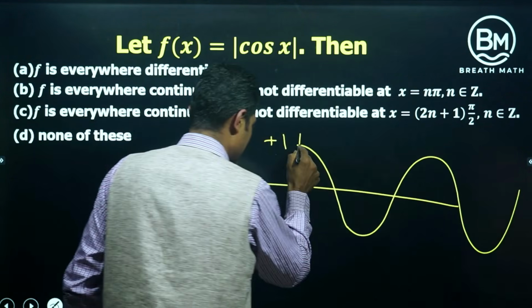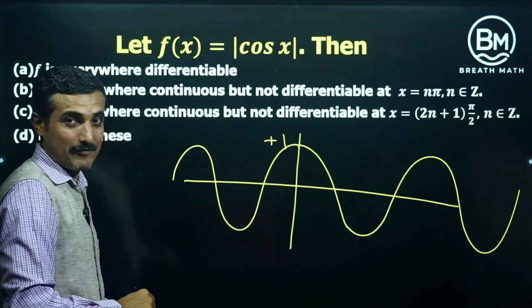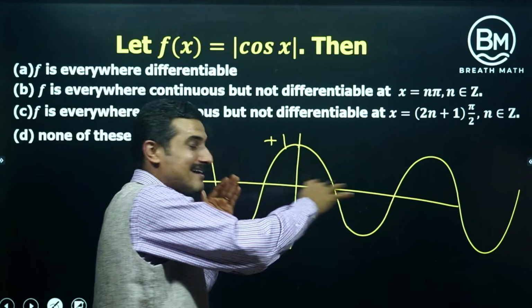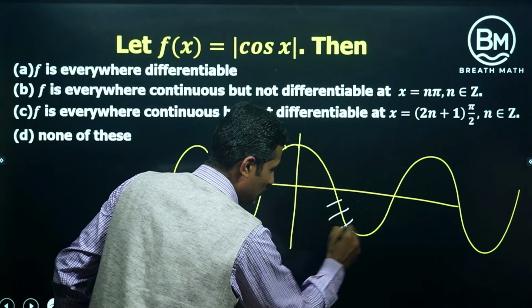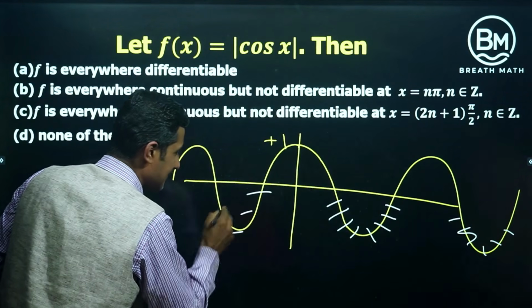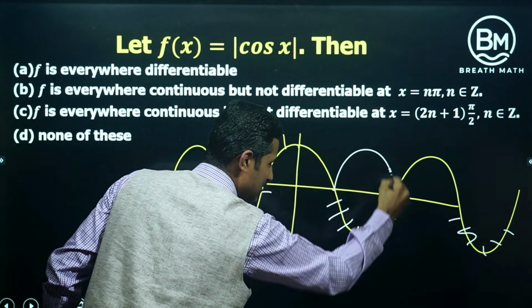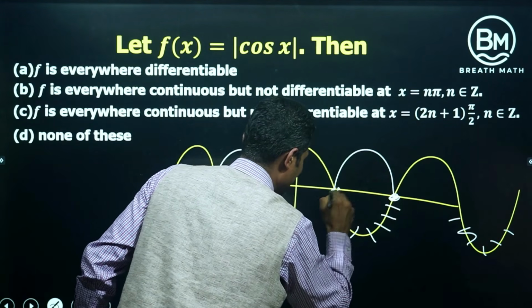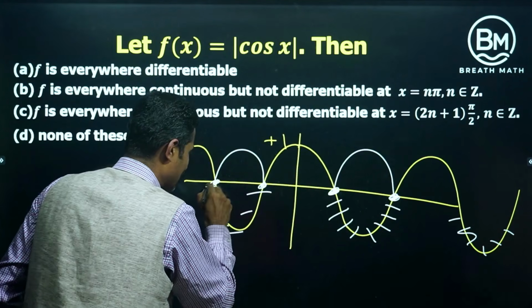So this one is y equal to cos x graph, and you have to take the mirror image about x-axis, meaning you cut all this part below x-axis and take the mirror image about x-axis. Here you get sharp edges.